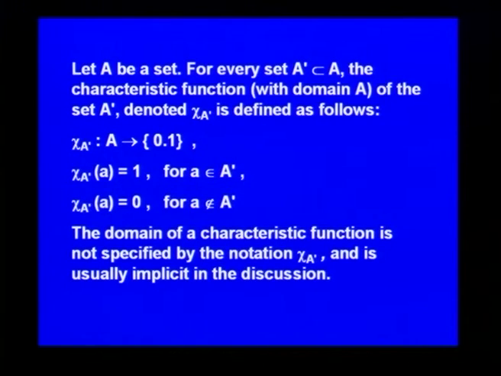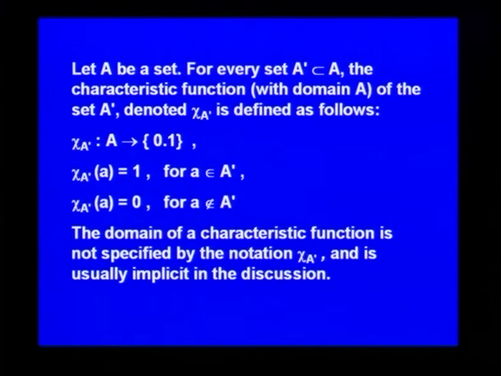Now what is a characteristic function? Let A be a set. For every subset A dash contained in A, the characteristic function with domain A of the set A dash, denoted by chi A dash, is defined as follows. It is a map from A to the set {0, 1}, that is, every element in A will be mapped onto 0 or 1.